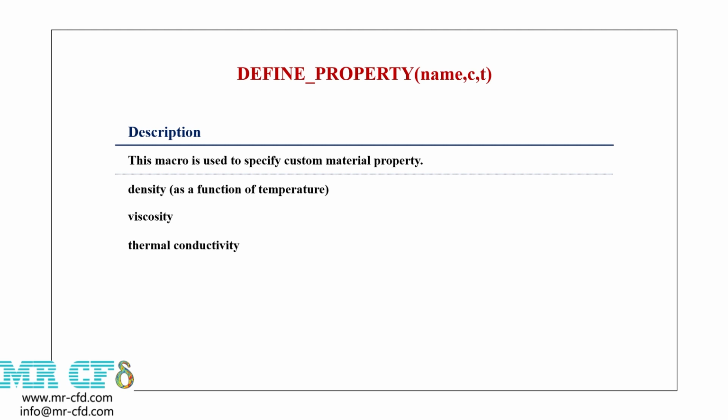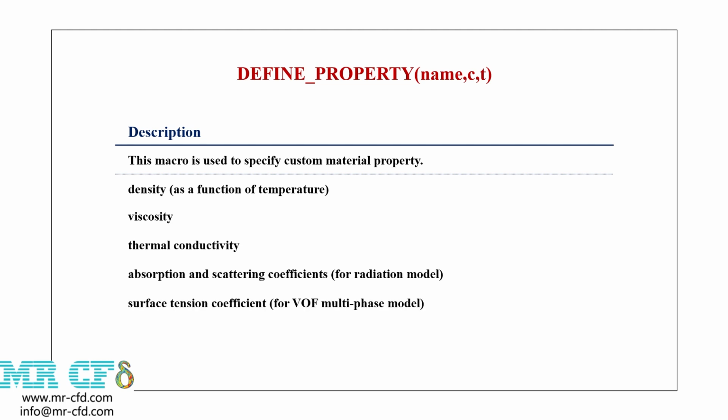If we use spatial models in Fluent, we can also define other thermophysical properties using these macros. For example, the value of the absorption and diffusion coefficient when using the radiation model, or the value of the surface tension coefficient between phases when using the VOF multiphase model, or the size of particle and droplet diameters when using the mixture multiphase model, and etc. are among these cases.